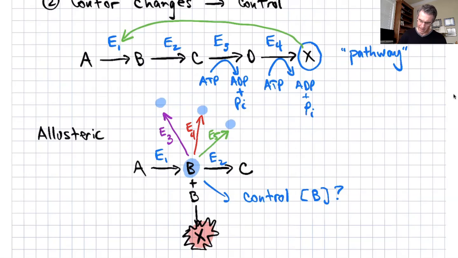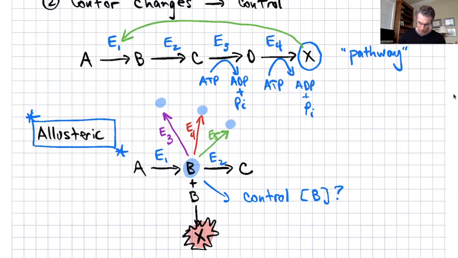And this is a key idea in biochemistry, in enzymology, in metabolism: the idea of allosteric enzymes. By no means are all enzymes allosteric. What we're going to see as we go along is that there are certain really critical enzymes that are made allosteric to solve problems like the two that I just set up for you right here.